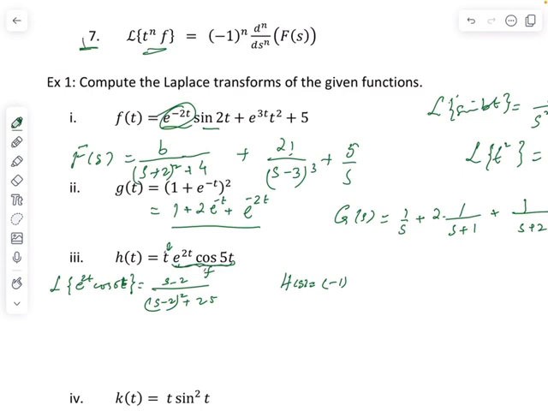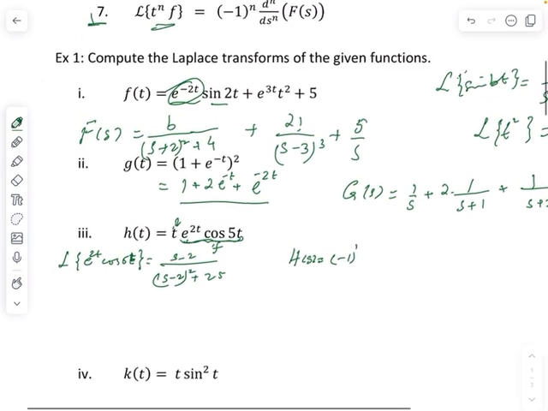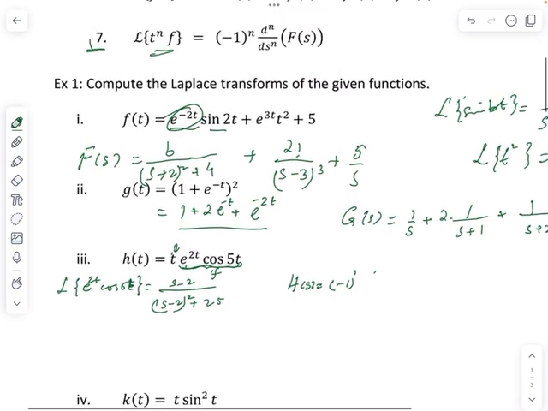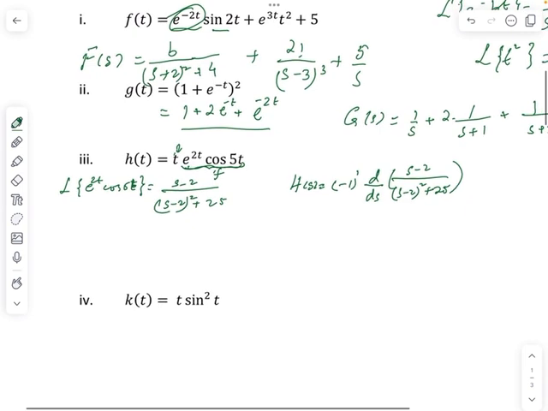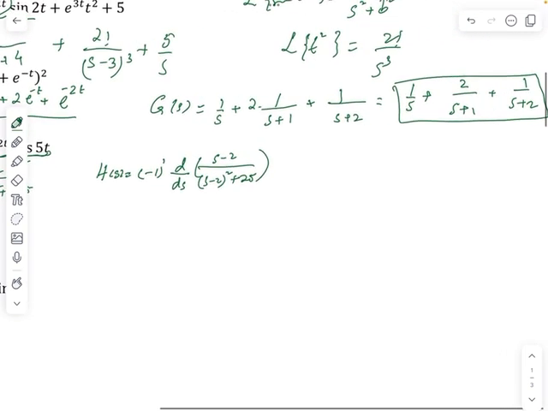So h of s is equal to negative 1 raised to the power 1 times the first derivative, d by ds of (s minus 2) over ((s minus 2) whole squared plus 25). So it means we have to find the first derivative of this one. So this is equal to negative, we will call the quotient rule.